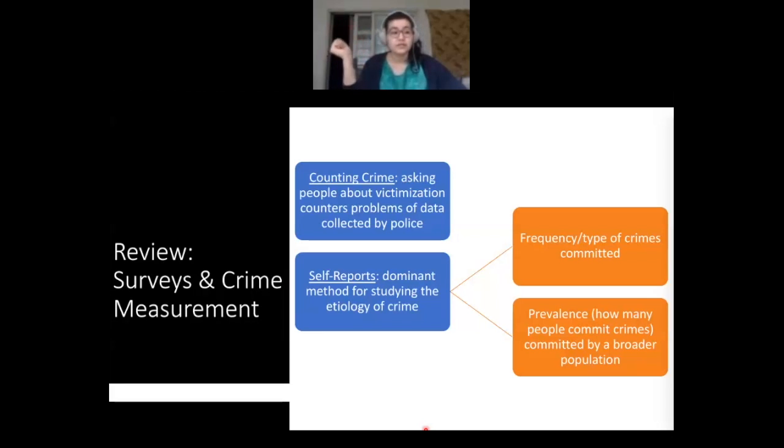So there's the frequency of offending, how many crimes of various types are committed by active offenders over a period of time, so people who are actively doing these offenses, and then there's the prevalence of offending. So how many people commit crimes in contrast to a broader population. This is what you'll see in a lot of the youth delinquency surveys, where they're trying to understand how prevalent youth delinquency is in regards to a larger youth population.